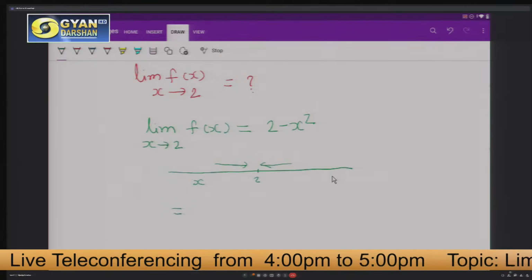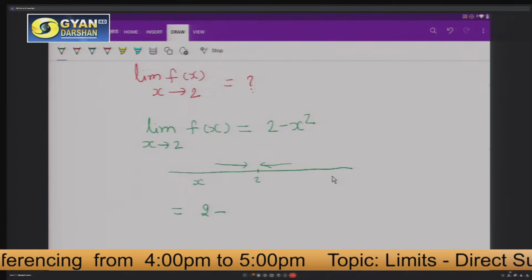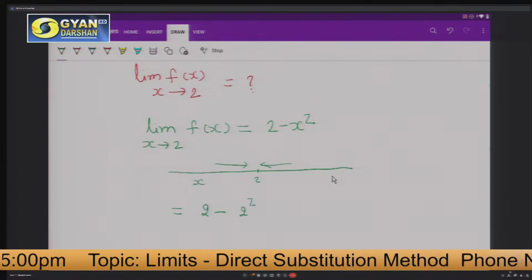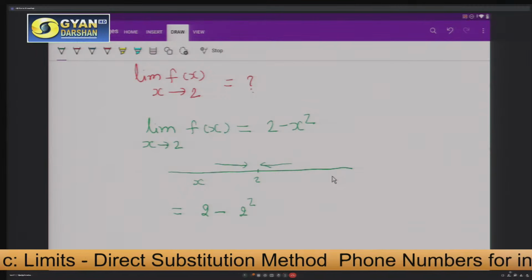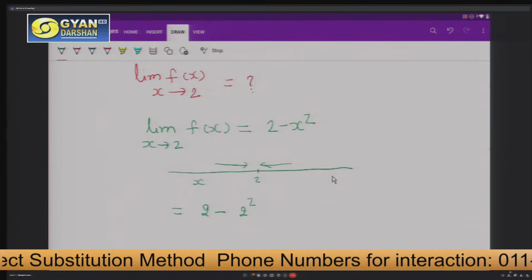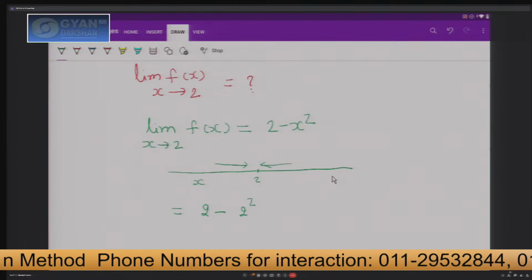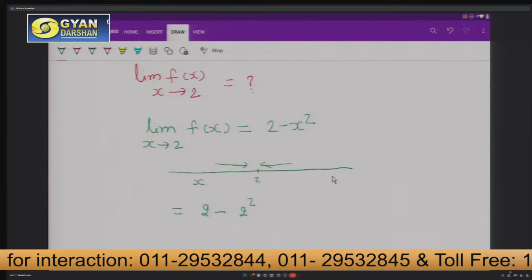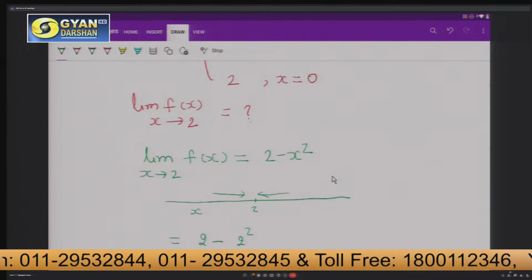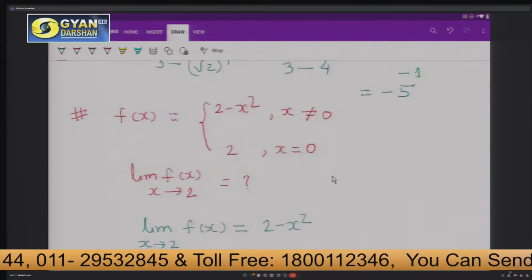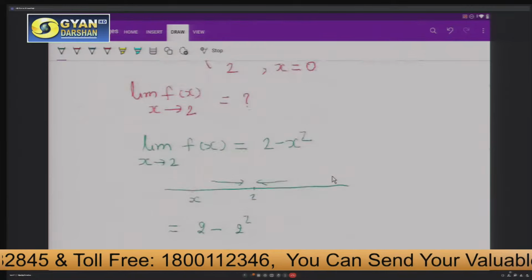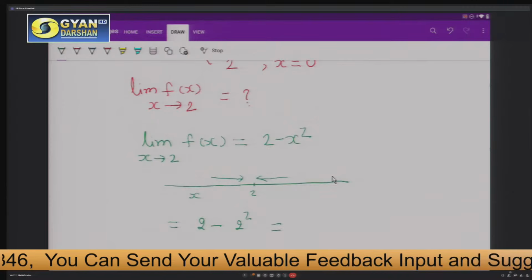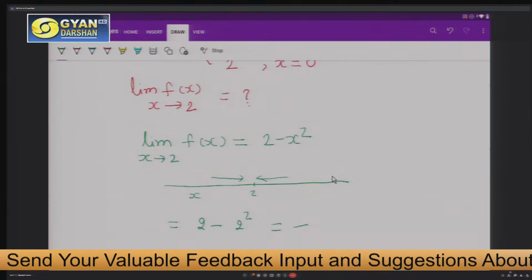So this will be equal to 2 minus 2 square, of course, which will be equal to minus 2.